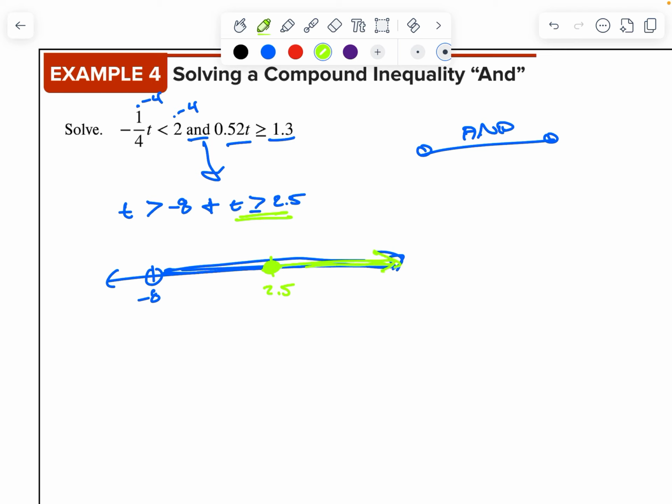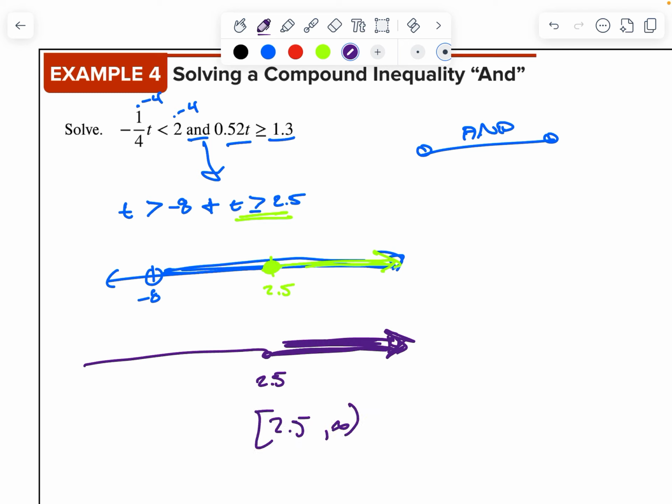So the question is, where are both of those true? They're both true here. They overlap in that zone, from 2.5 up. And so our solution here is everything from 2.5 to infinity. With an and, you're looking for overlapping areas. In this case, since we multiply by a negative, both of the signs happen to flip the same way.